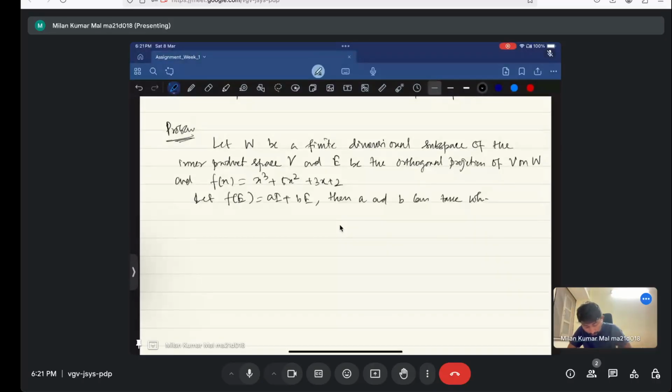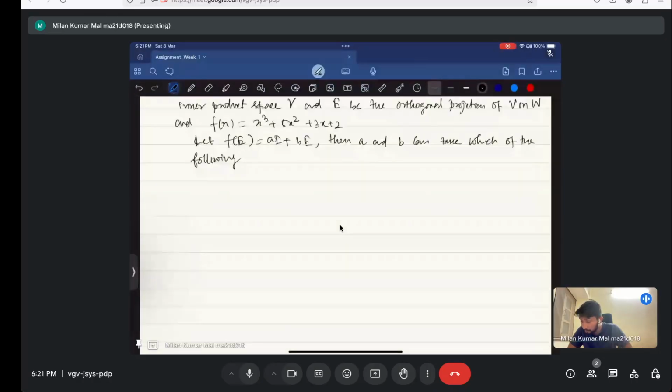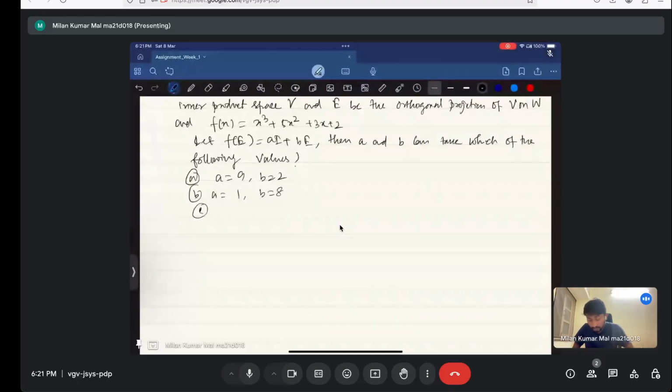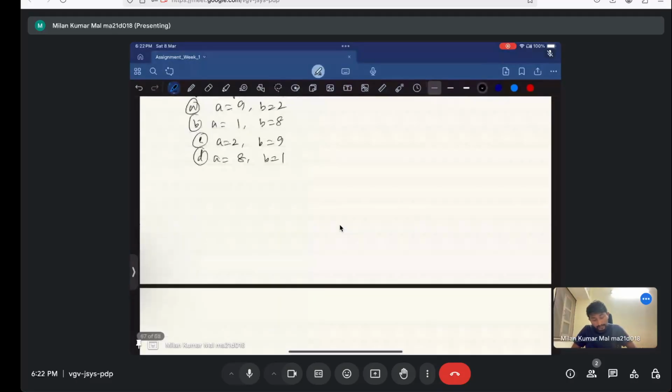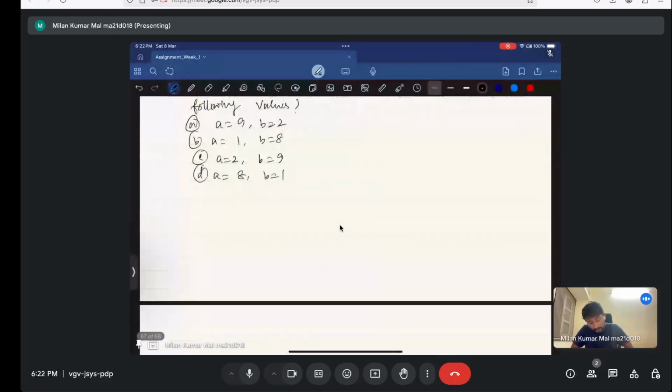Option A, A equals 9, B equals 2. Option B, A equals 1, B equals 8. Option C, A equals 2 and B equals 9. Option D, A equals 8, B equals 1. Okay, so let's see what the correct option will be.